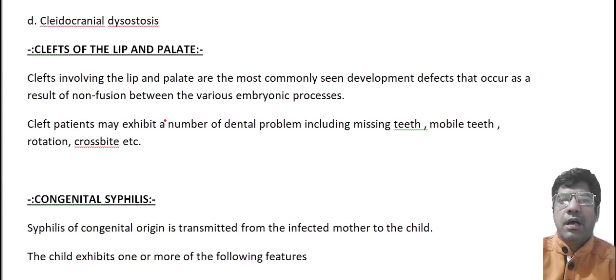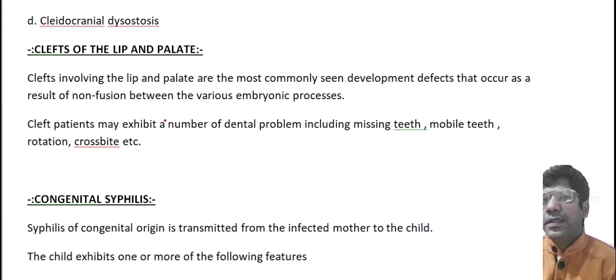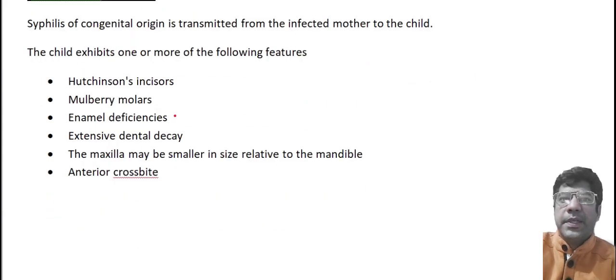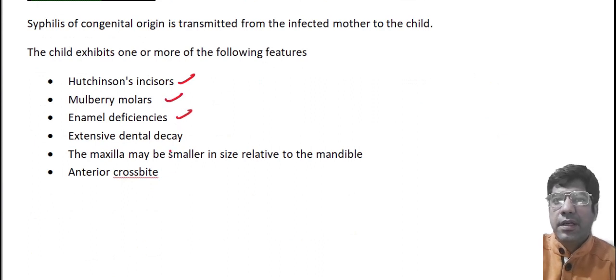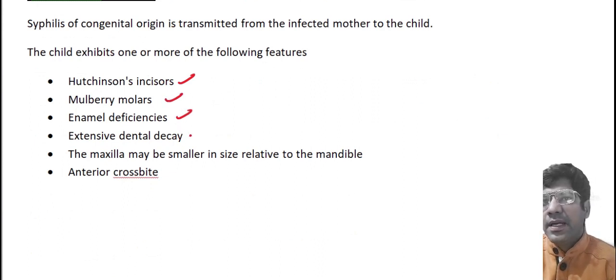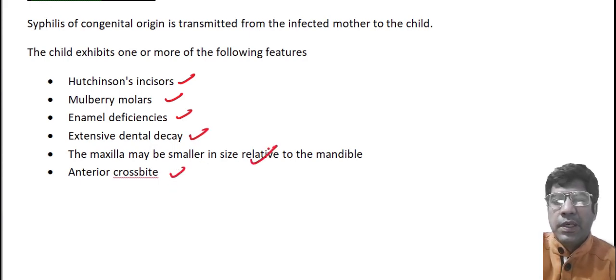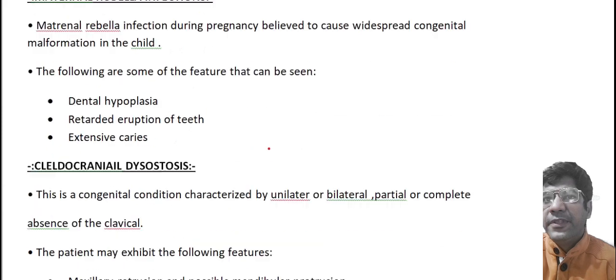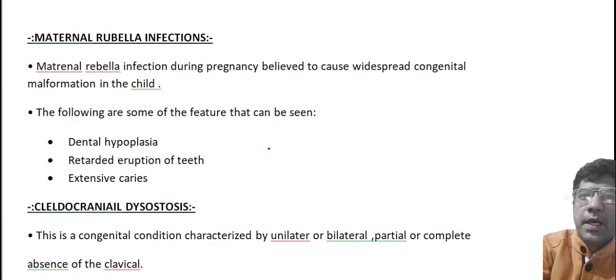The cleft of the lip palate, congenital syphilis. So in the patient with the congenital syphilis, you will see Hutchinson incisors, mulberry molars, enamel deficiencies, extensive dental decay, anterior crossbite. The maxilla is smaller in size relative to the mandible. These are the features. Maternal rubella infections.